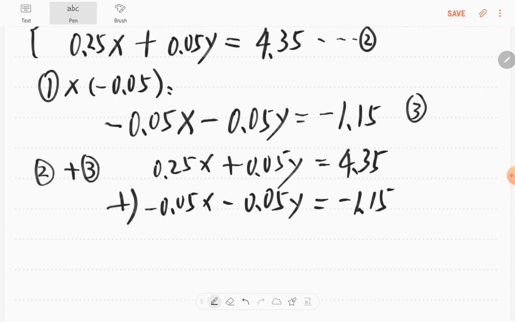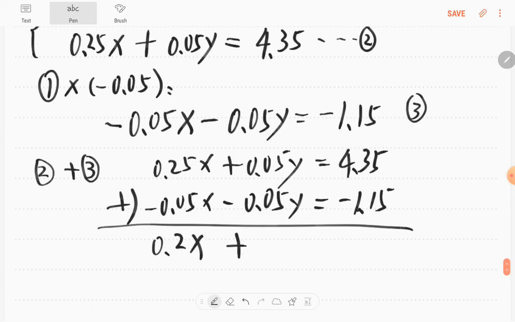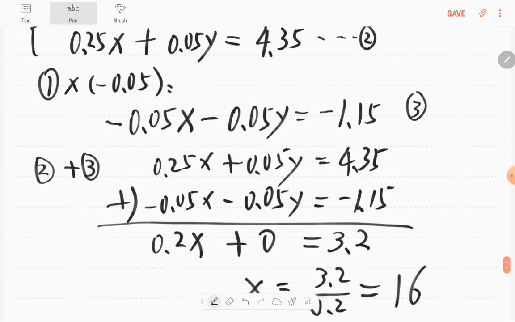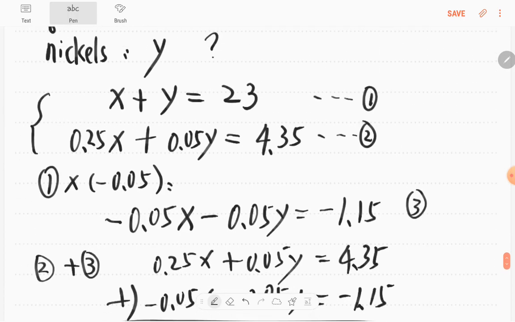you can see we can eliminate y. So this would be 0.2x plus 0 equals 3.2. So x equals 3.2 divided by 0.2, which is 16 coins. Now we want to find y.